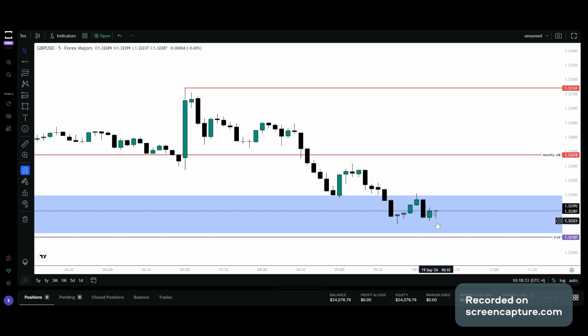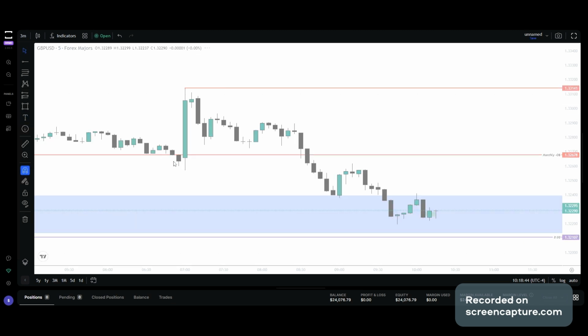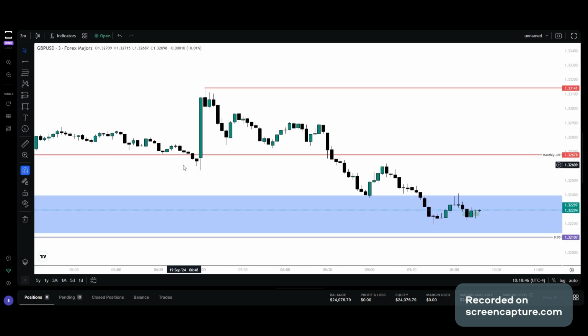And then now we're looking to get a smart money reversal in here. And this really would be, I guess 3-minute would be a little more clear. Consolidation, original consolidation, consolidation, smart money reversal.